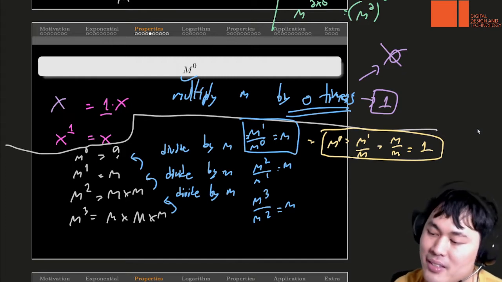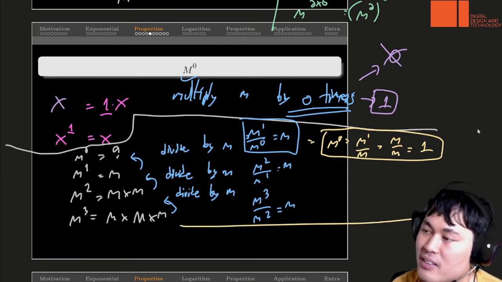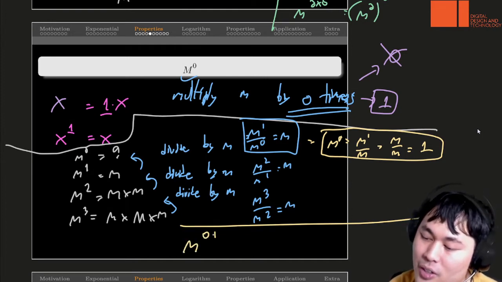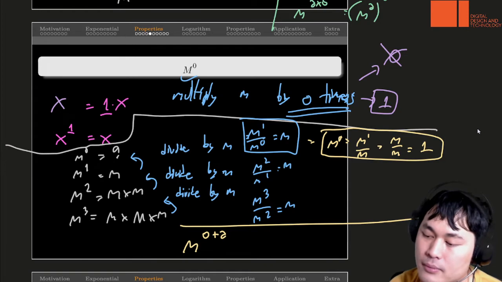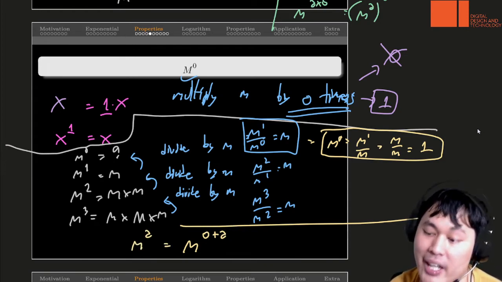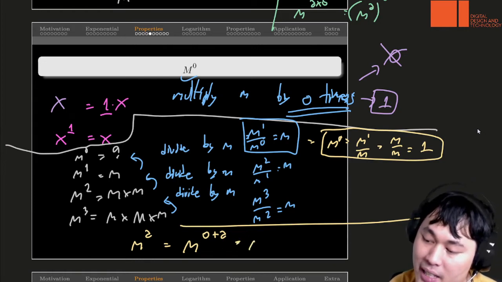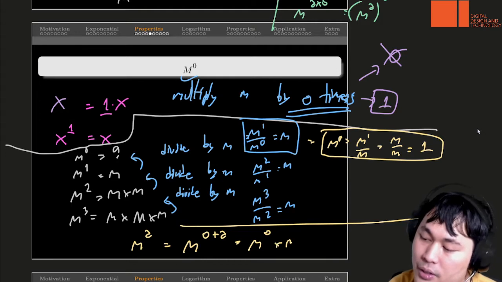And also, maybe another convincing argument is that if you have m to the 0 plus a: on one hand, 0 plus a is a, so you should get just m to the a, right? On the other hand, we have a property that it is m to the 0 times m to the a.